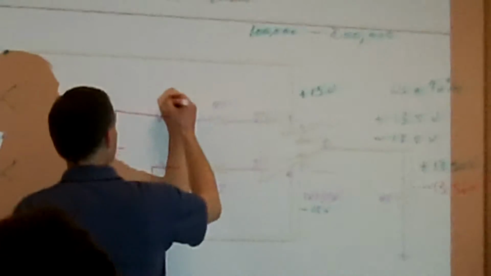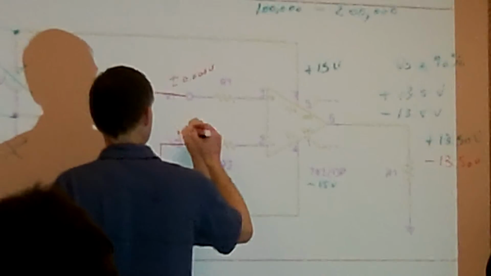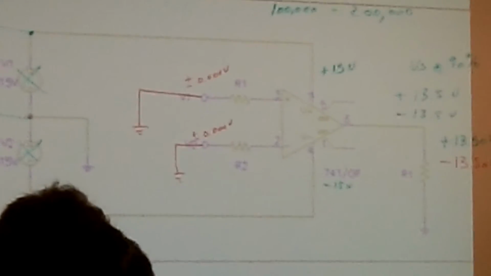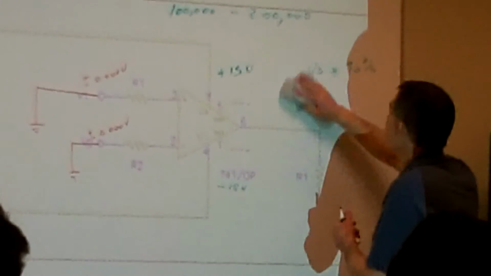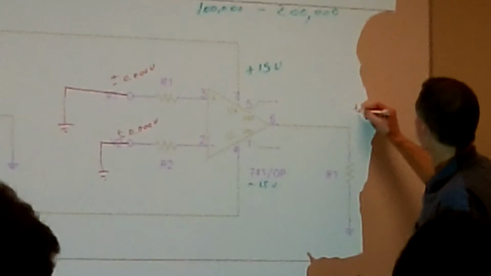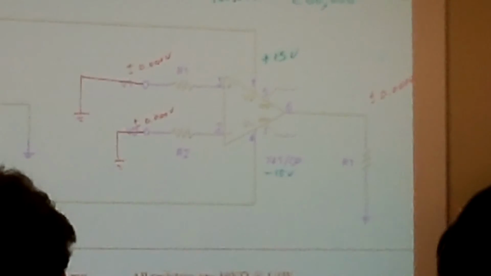If I tie both of these down to ground and I get plus or minus 0 volts, ideally, what I would like to see would be to get plus or minus 0 volts out of my op amp.